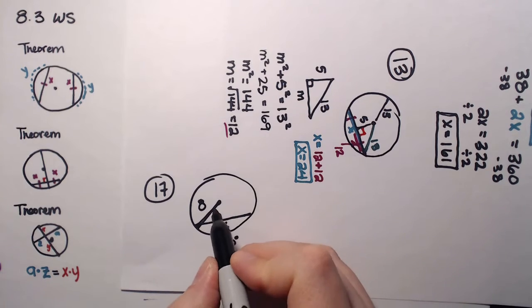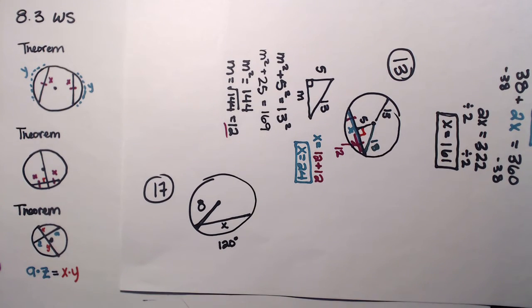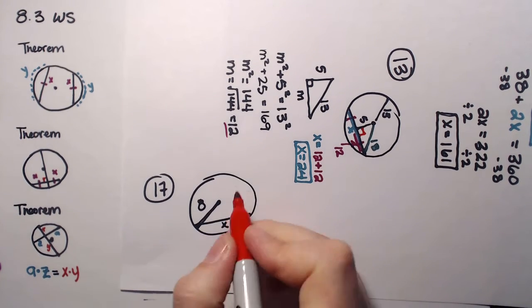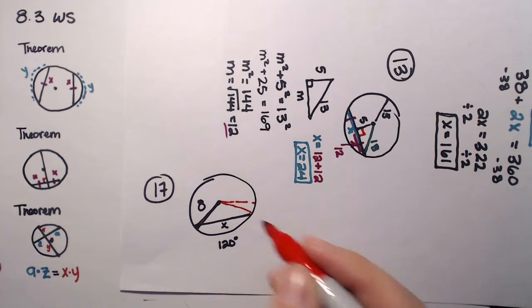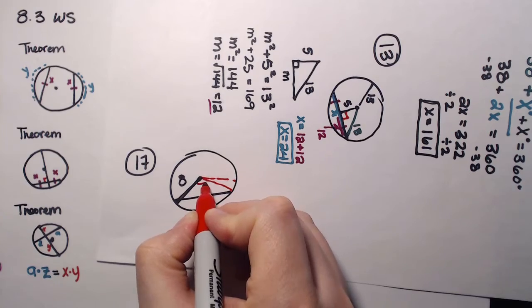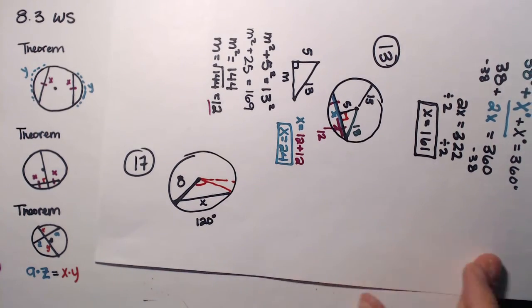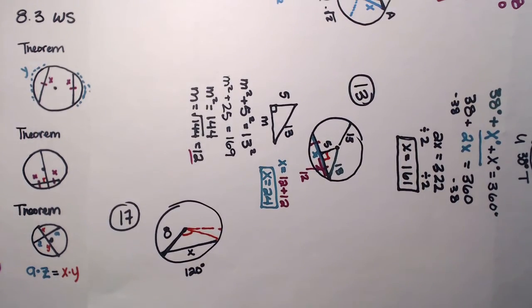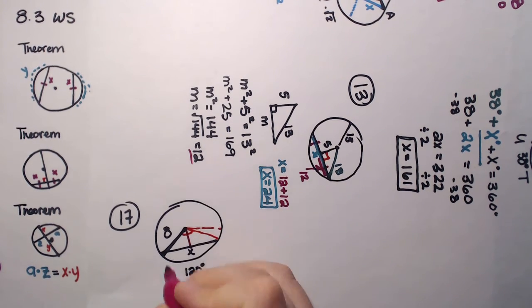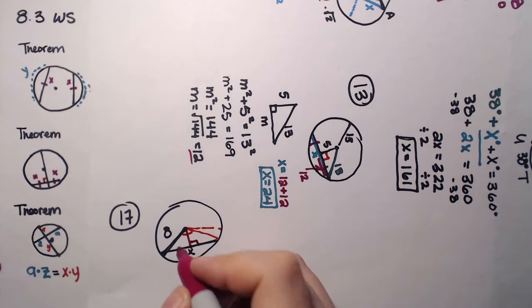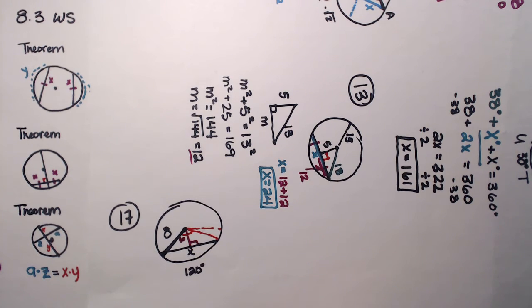Well, I know that if I continue that out, that's also going to be 120 degrees because of the central angles. But if I cut it in half like this, I get a right triangle, and now that's 60 degrees.